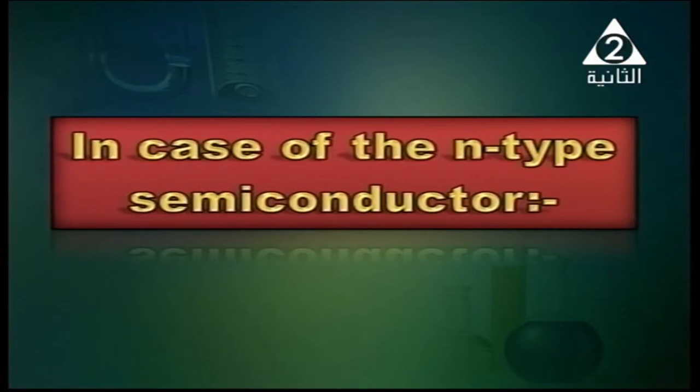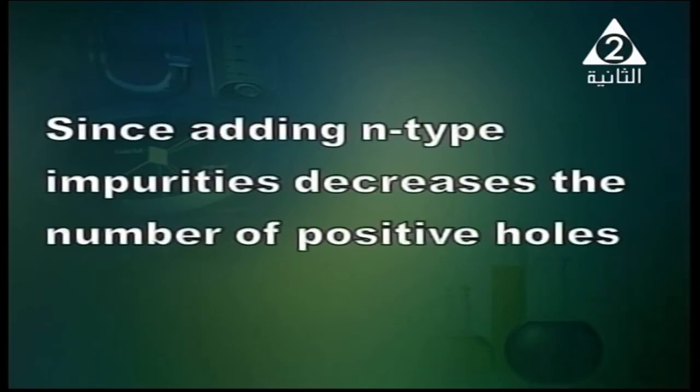In case of the n-type semiconductor, since adding n-type impurities decreases the number of positive holes, the number of positive holes is diminishing. Small n, the number of free electrons, is much greater than the number of positive holes.